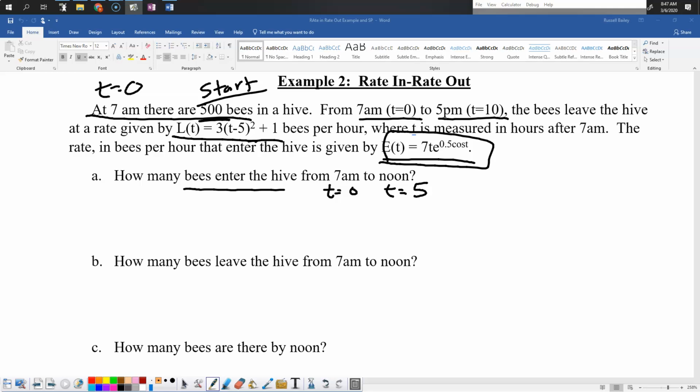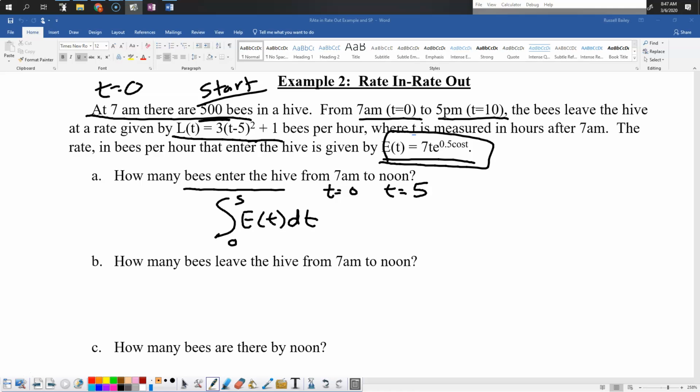What do we have to do? You integrate it. That's how you find a total change, a total amount. Is you integrate the rate. Okay? So here we go. We're going to integrate the function e of t dt from what to what? That's how you're going to do it.